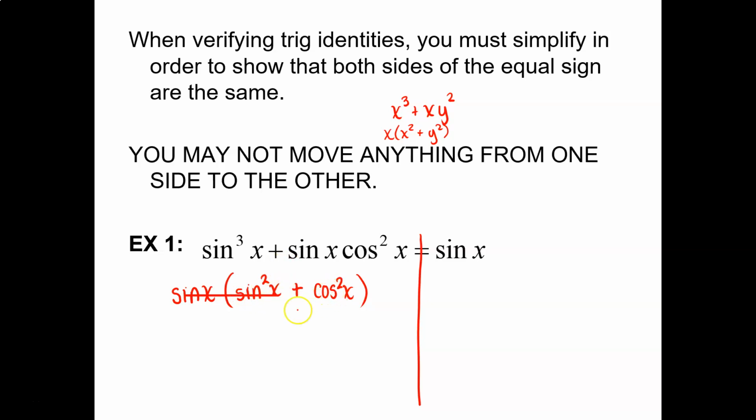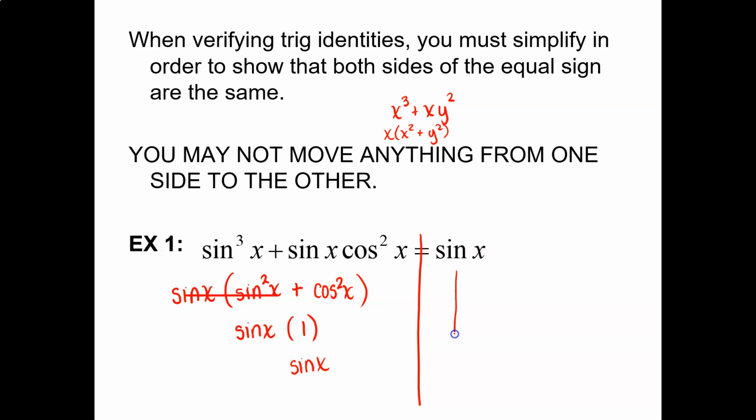So since they're equal to each other, I can substitute. Now one thing that's important about this is you have to show all your steps. You've got to show where you substitute. So you're replacing sine squared x plus cosine squared x with 1. So we're going to show that. And then what is sine x times 1? Sine x.